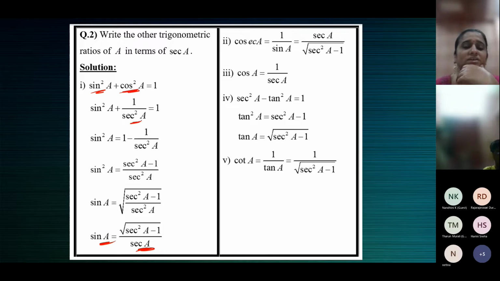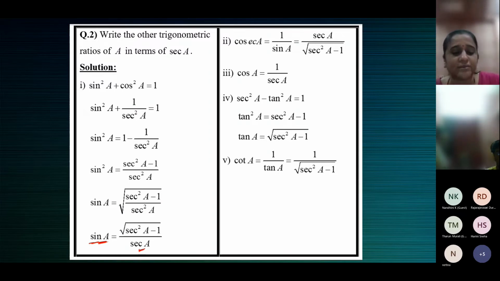Cos square A is 1 by secant square A. So in this identity we have sin square A and secant square A. To write sin A in terms of secant A, we transpose: 1 minus 1 by secant square A, common denominator. Then sin square A is this one, so sin A is the square root of the RHS. The square root of the numerator stays as it is, and the square root of the denominator is secant A. So we have written sin A in terms of secant A.